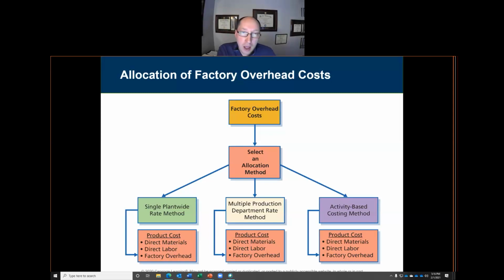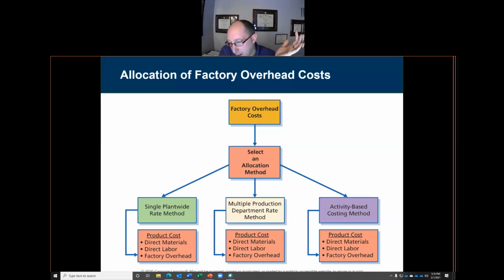So we have factory overhead costs. And now remember, factory overhead costs include things like indirect materials. Those are materials that we use, but we only use a little bit of, like glue for a guitar. We only use a little bit. We can't really trace that expense directly to the guitar, so it's an indirect cost.